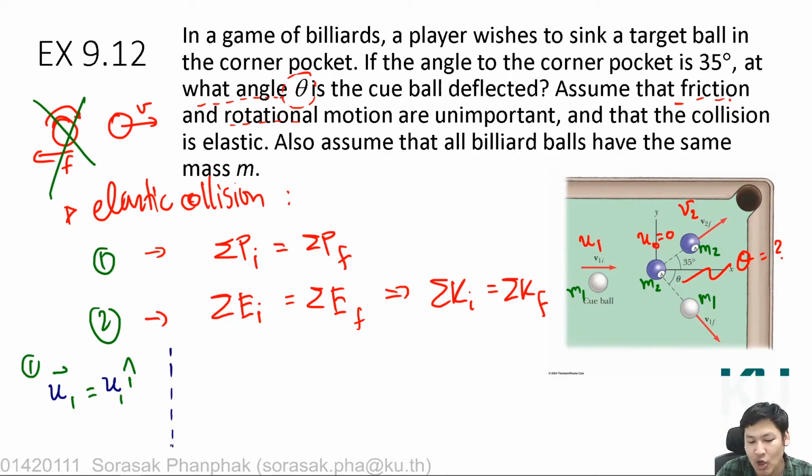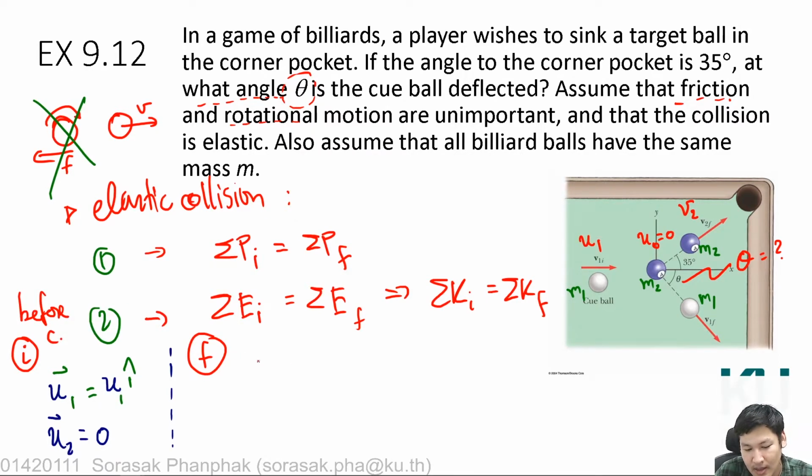But after the collision, u2 is 0. After a collision, I will write i and f to reduce the confusion. This is before the collision and after the collision.